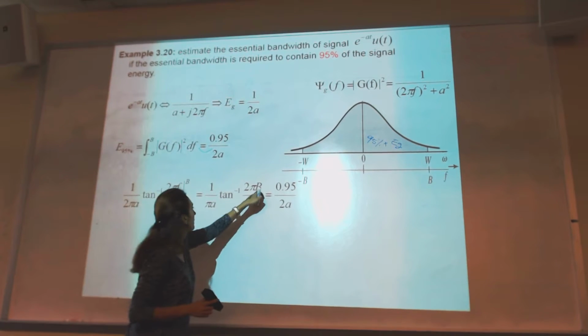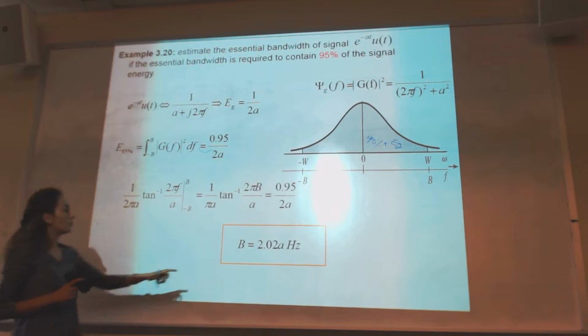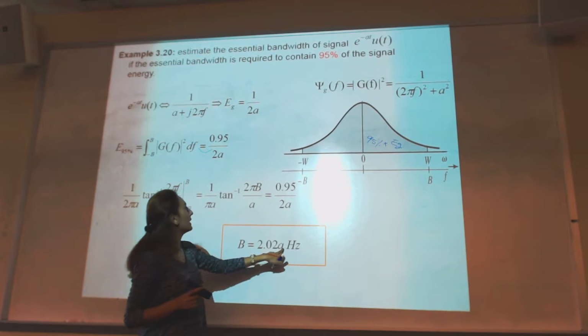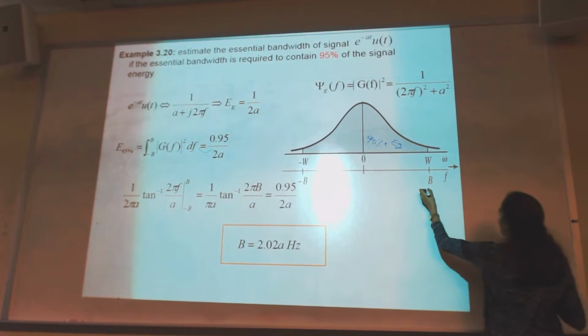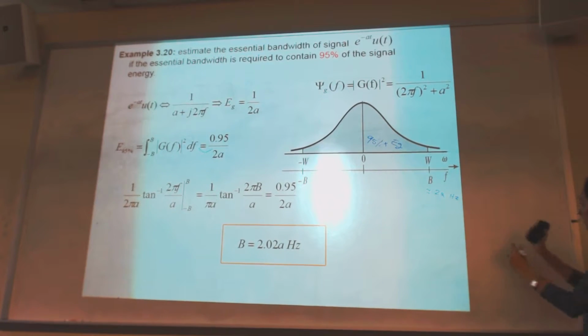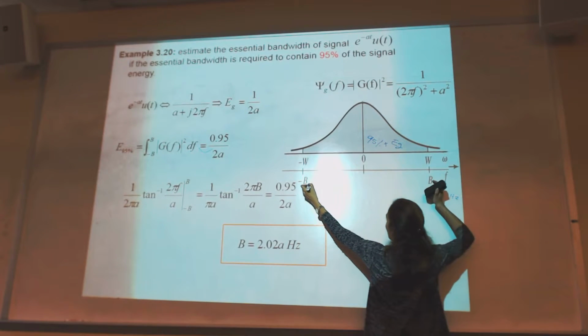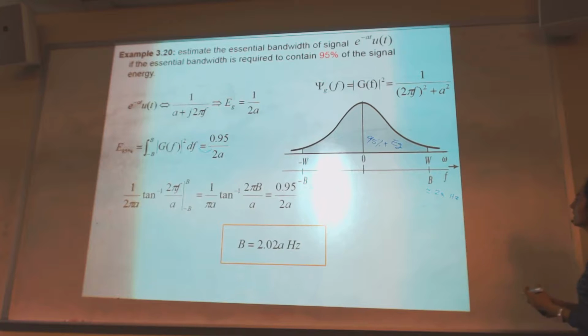And from this equation, you can just find b. So b happens to be 2.028 hertz. Okay, so this is where, from minus 2 hertz to 2 hertz, I have 95% of the energy.